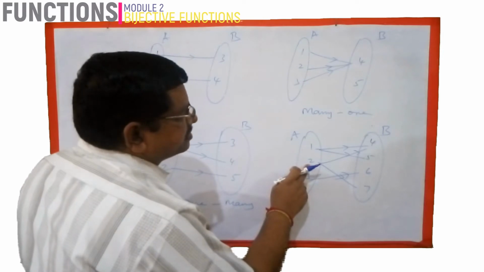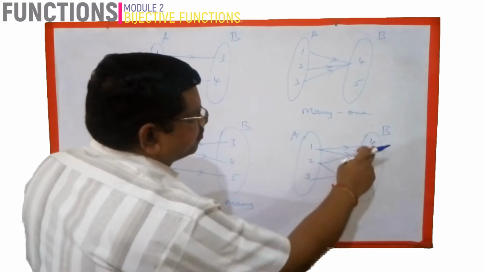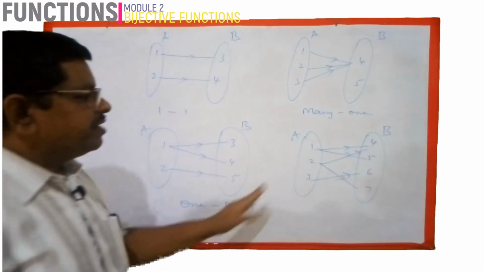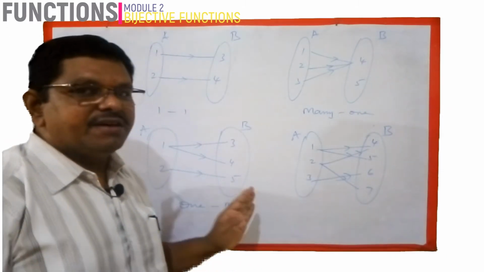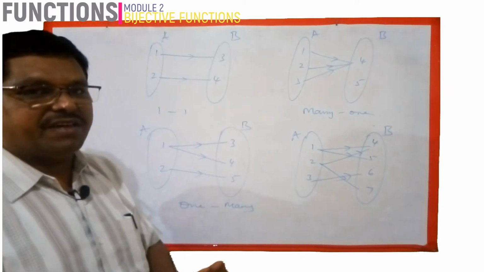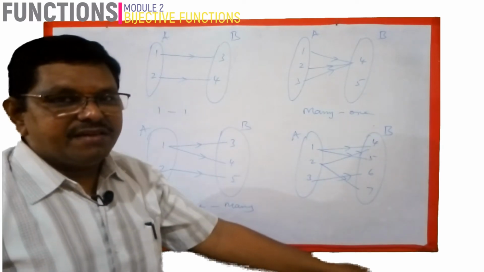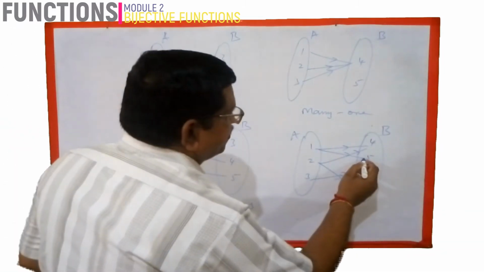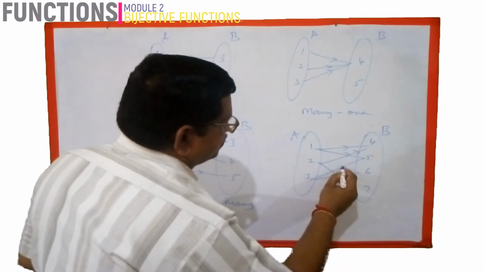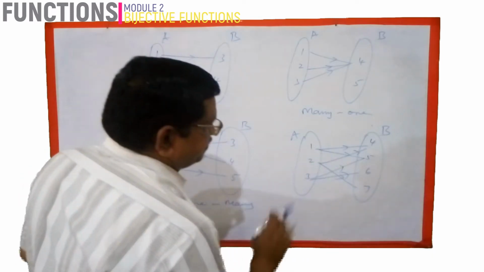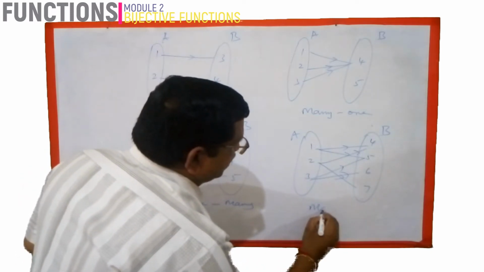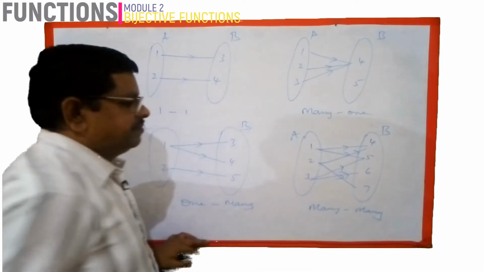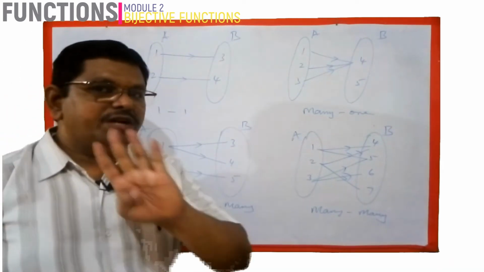The element 2 has two images 4 and 7. 3 has element 6. So here many pre-images are having many images. We can take this also, 3 with 5. So this type of relation can be called a many-to-many relation.